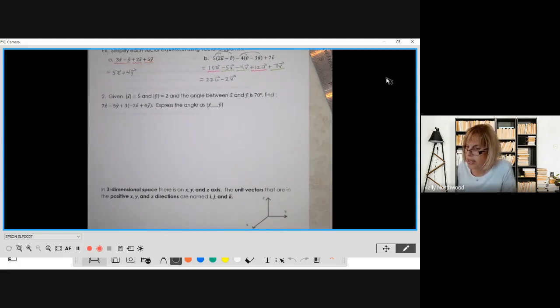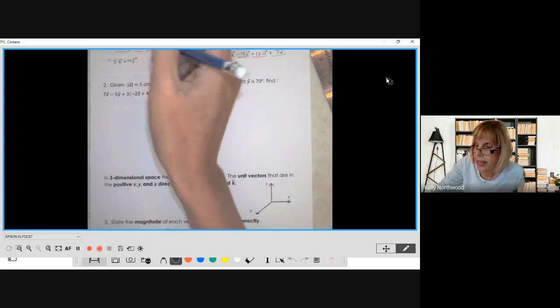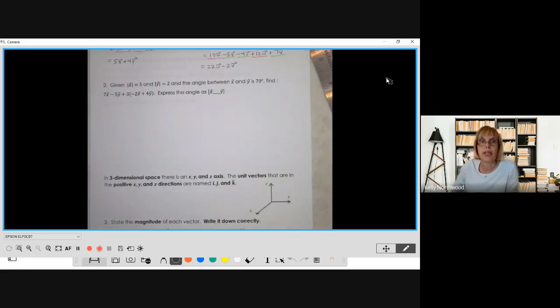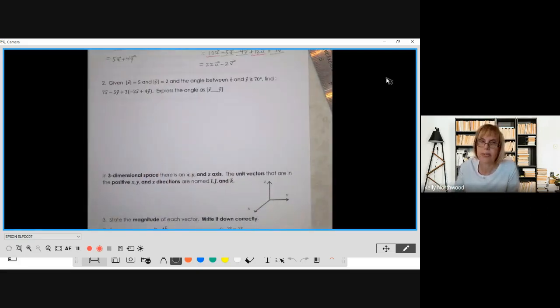The next question is an example of where you might use these algebraic properties. Given the magnitude of vector x is 5 and the magnitude of vector y is 2, and the angle between vector x and vector y is 70 degrees, find 7x vector minus 5y vector plus 3 times negative 2x vector plus 4y vector, and express the angle as so many degrees towards vector y. We can use our vector algebra to simplify this so that we just have so many vector x's plus or minus so many vector y's.